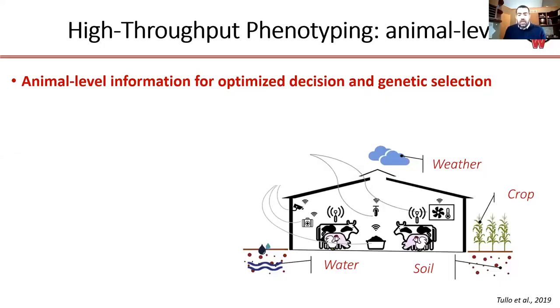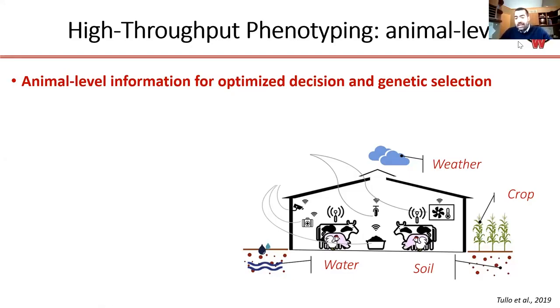Okay, so I will go quickly and give a brief introduction about why we are doing this, why using computer vision, why we are collecting that animal level phenotype. The majority of the work that we are doing is trying to develop high throughput phenotyping systems, thinking about animal level information.